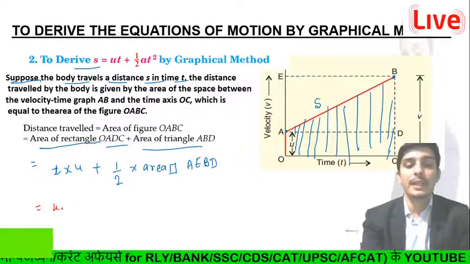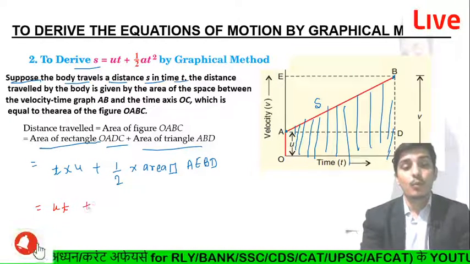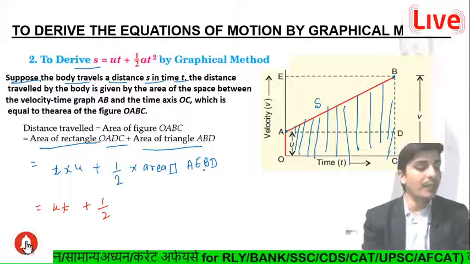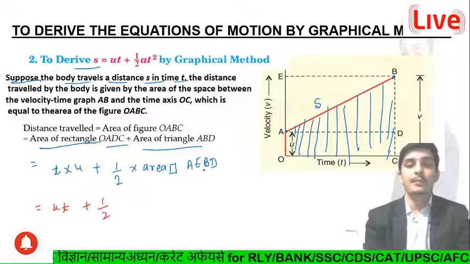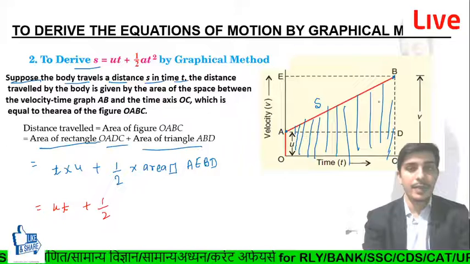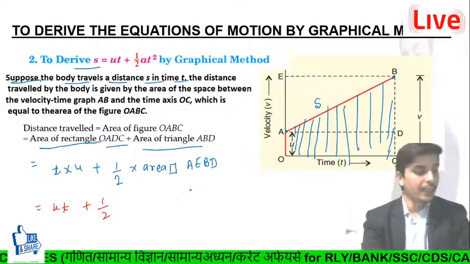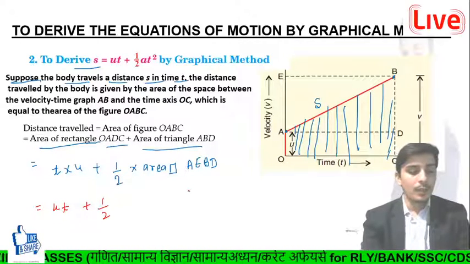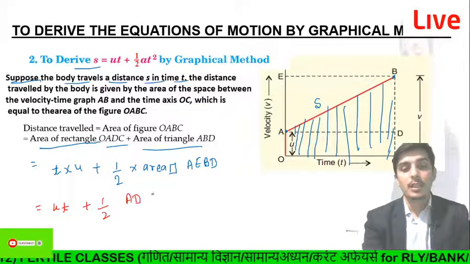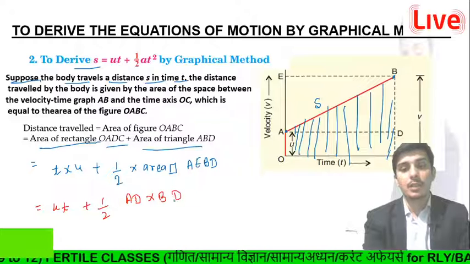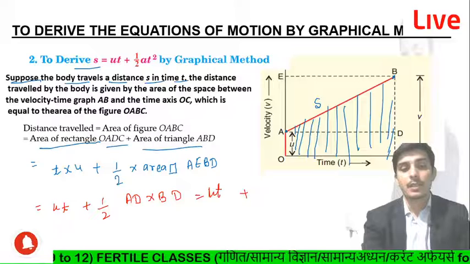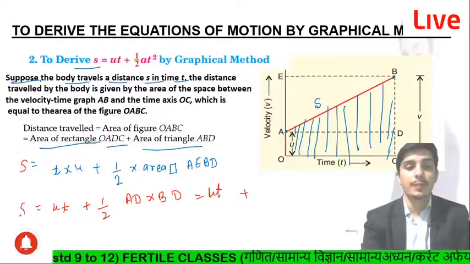So we can write here ut plus half into area of AEBD. The area of AEBD is equal to AD into BD. AD is equal to t, and we know that the distance travelled will be s.